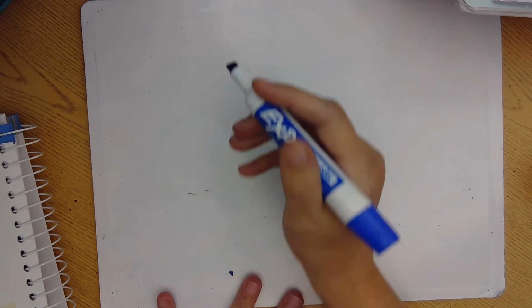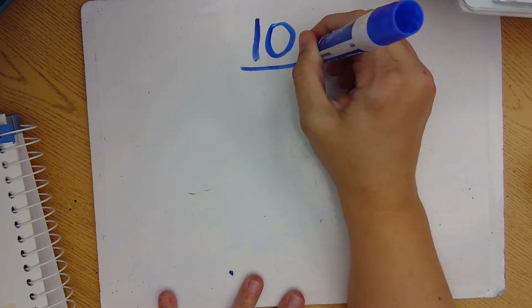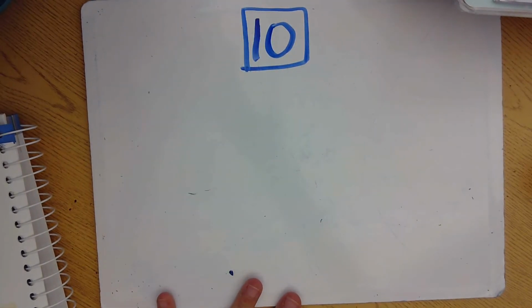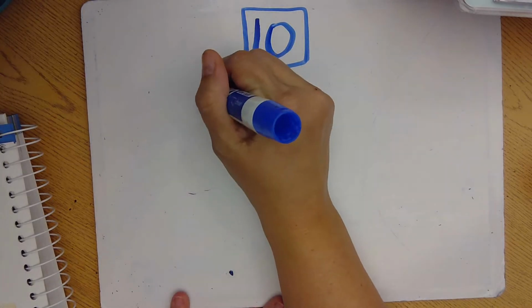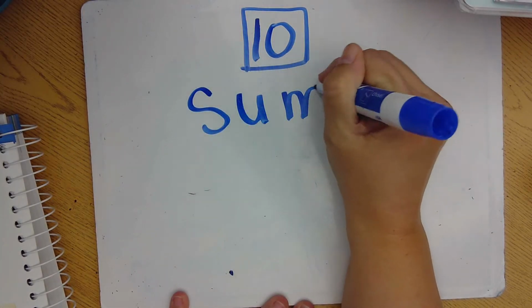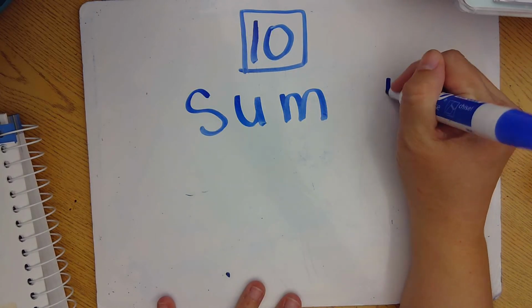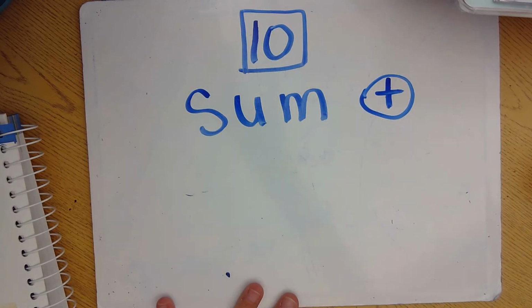All right, boys and girls, let's go ahead and move on to combinations of the number 10. Combinations of the number 10. Combinations of 10 have a sum. Sum is a fancy math word that means the answer to an adding problem.